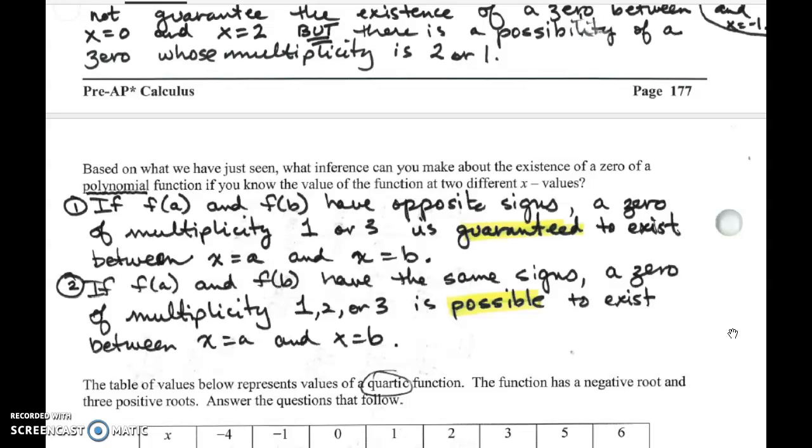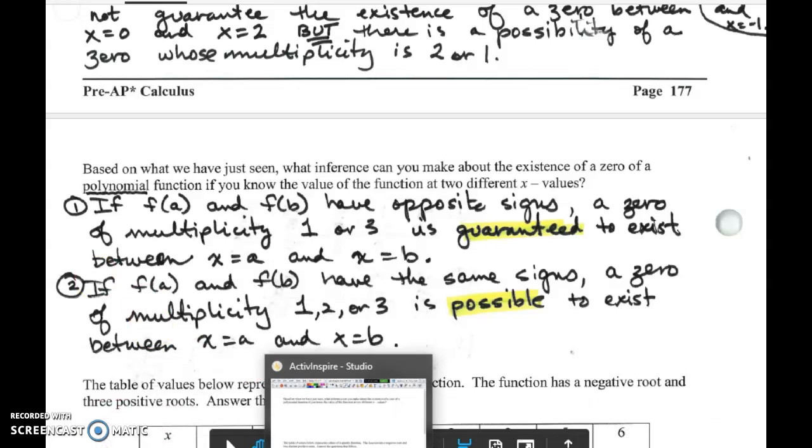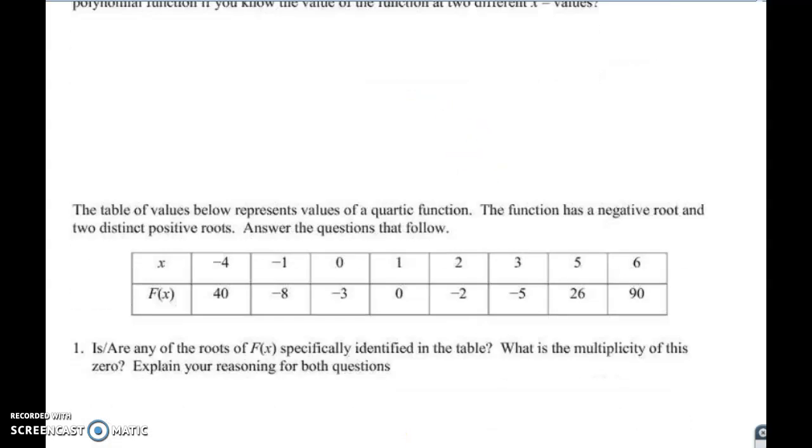But if they do not change signs, then it is not guaranteed, but it is possible, because you could always dip down in that previous example to touch it like it did. But it's not guaranteed is the main thing there. All right, so go ahead, pause, and make sure you understand as I finish up our last examples.